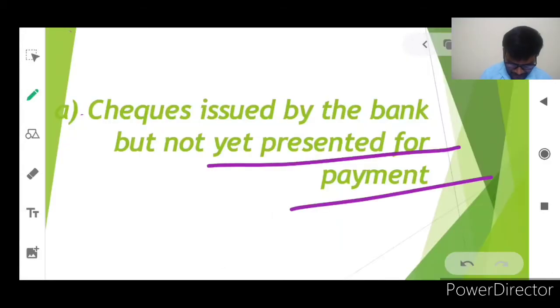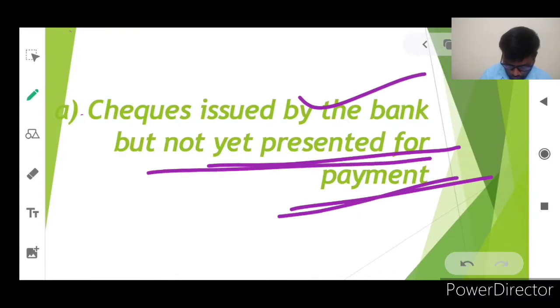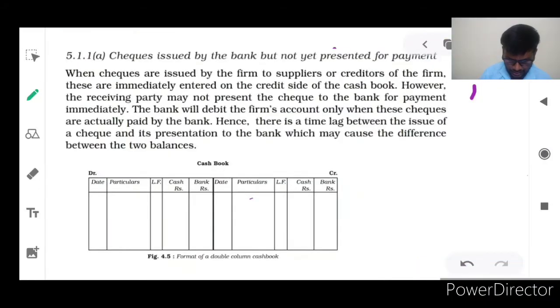Okay. First one is checks issued by the firm but not yet presented for payment. When checks are issued by the firm to suppliers or creditors of the firm, that is immediately entered on the credit side of its cash book.